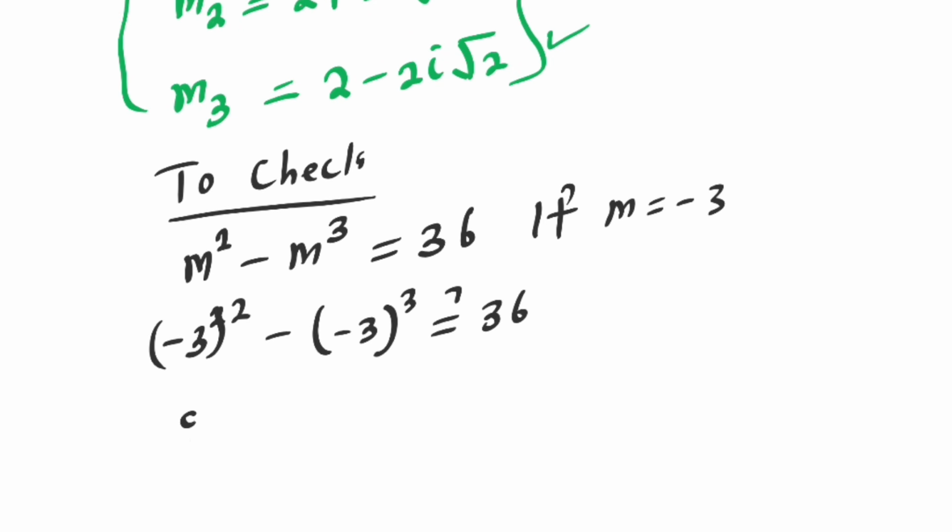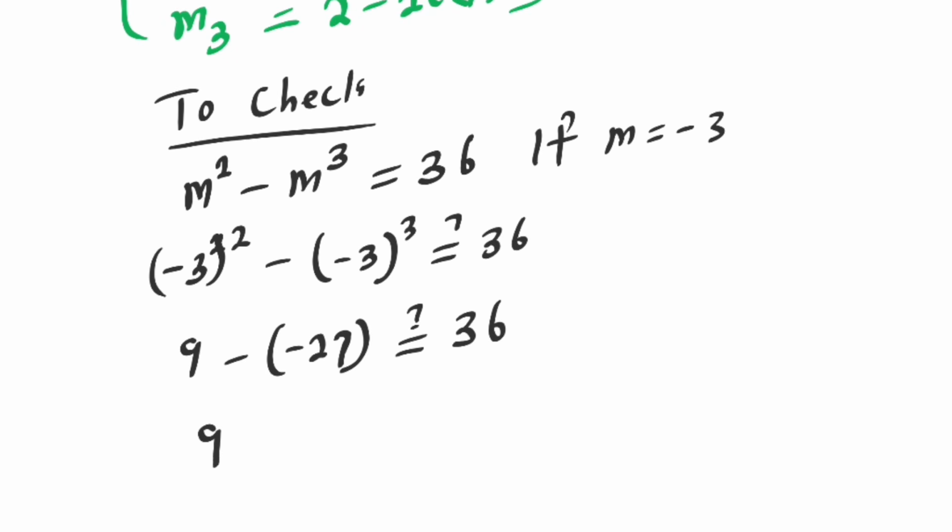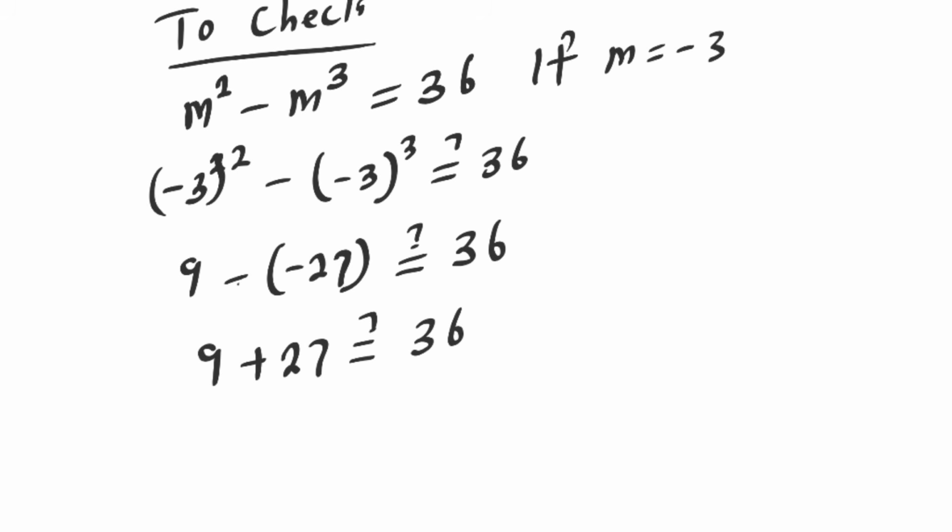Minus 3 squared, this is 9, minus multiplied by minus 3 raised to power 3, that is minus 27, must be equal to 36. This is 9, minus times minus, that will be plus 27, must be equal to 36. 9 plus 27, this is 36, is equal to 36, which is true.